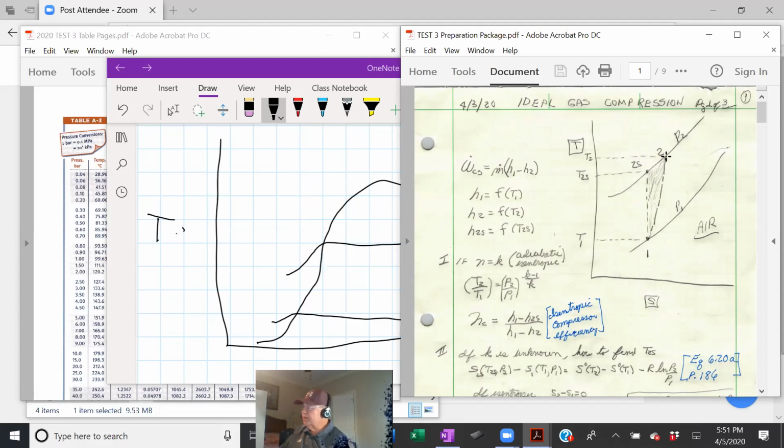Friction, internal leakage of the air from the high pressure region back to the low pressure region during the compression process, heat transfer, these are all irreversibilities. And it's interesting to look at this little triangle here. In my opinion, it isn't pointed out in the book, but this little triangle represents the heat transfer due to the irreversibilities. Eventually, all these irreversibilities manifest themselves, or most of them, in the form of heat transfer.